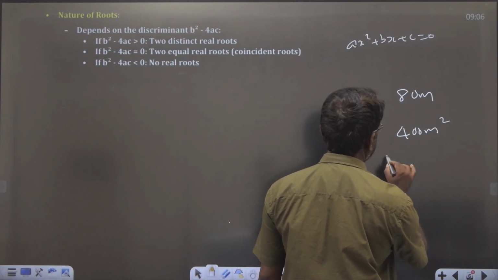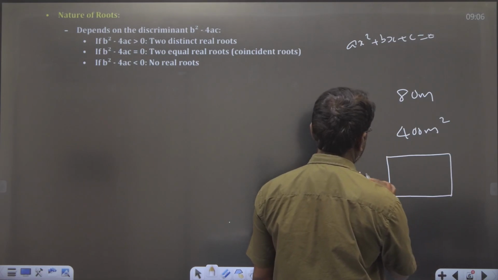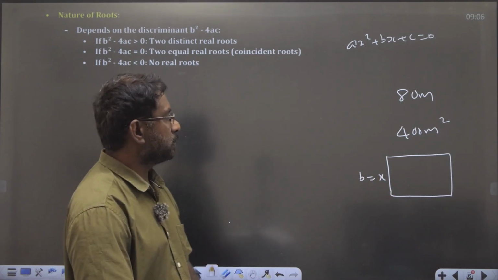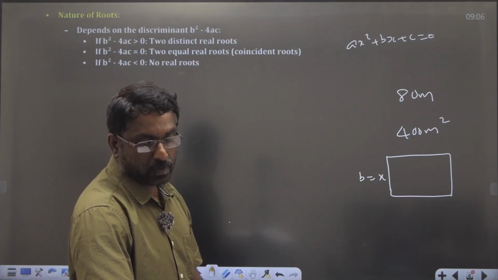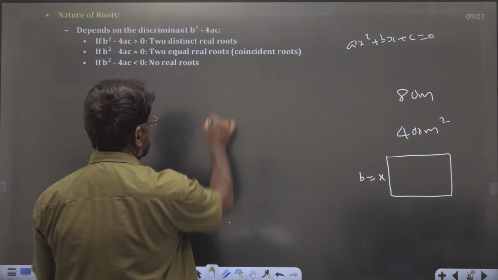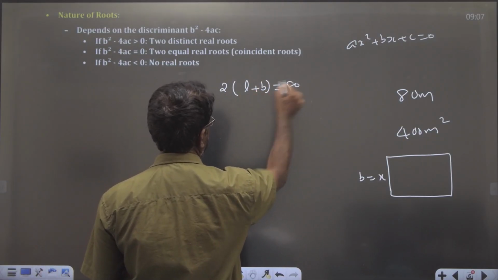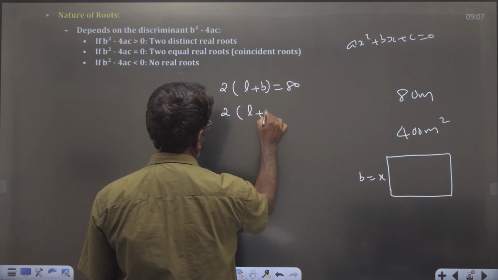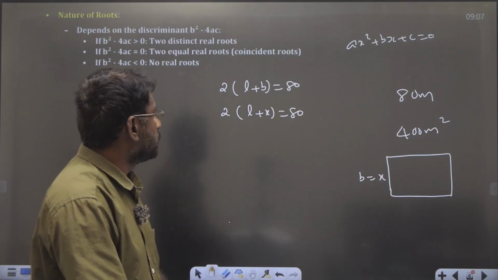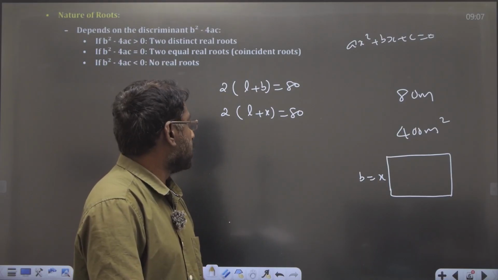Suppose this is the rectangular park. Suppose breadth equal to x. As per question, 2 into L plus B is 80. That is 2 into L plus x is 80, because breadth we have already taken as x.